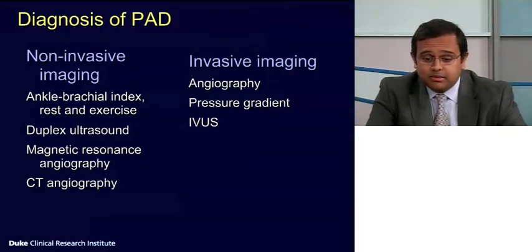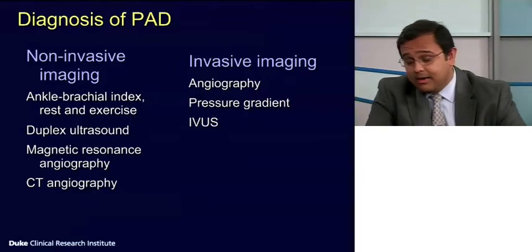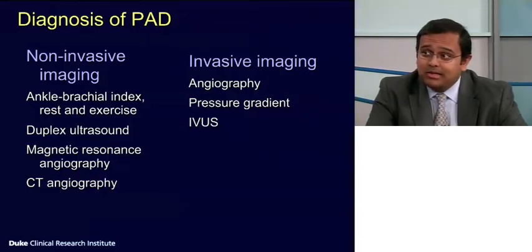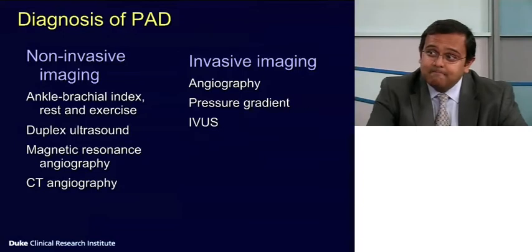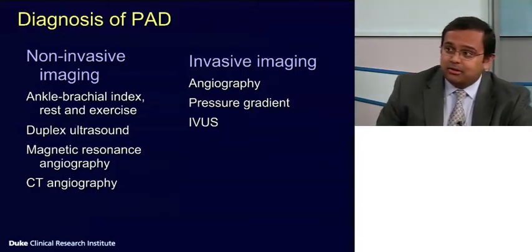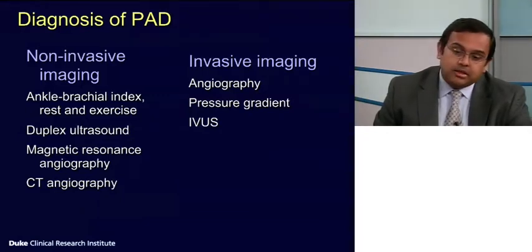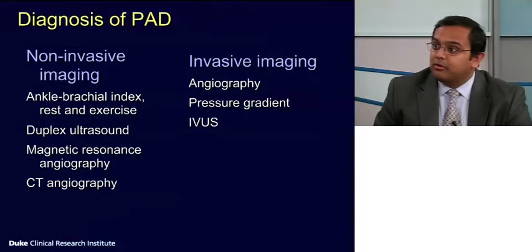That being said, with the recent problem with NSF or nephrogenic systemic fibrosis with MRA or CT angio with the same iodine load, we've gotten more and more accustomed to sometimes doing an exam, ABIs with pressures in multiple areas in the limbs, and then going straight to the lab. So it's a variable on the patient and their risk for the procedure, but I use the non-invasive angiography to sort of stage what we're going to be doing. The other thing is it gives the patient a better understanding of what the day is going to be like and what they're going to expect.